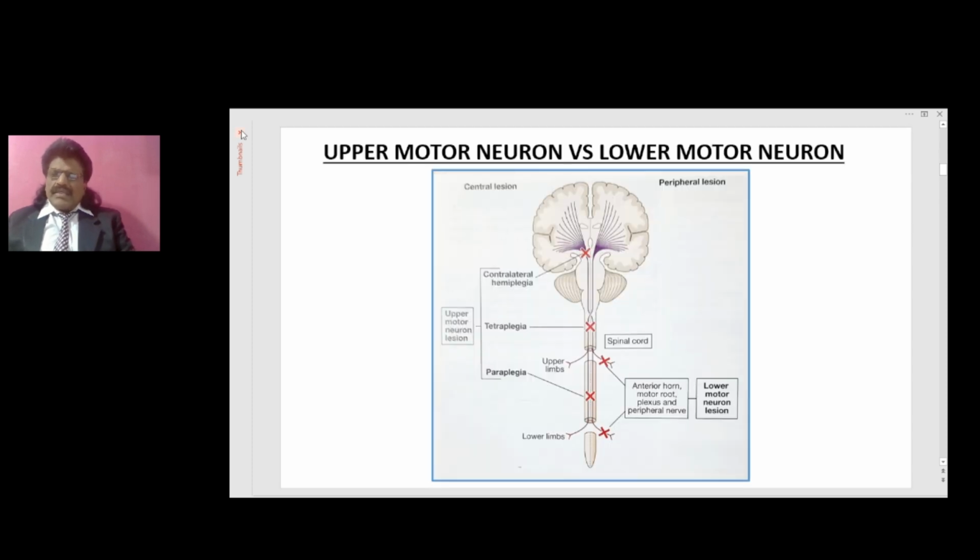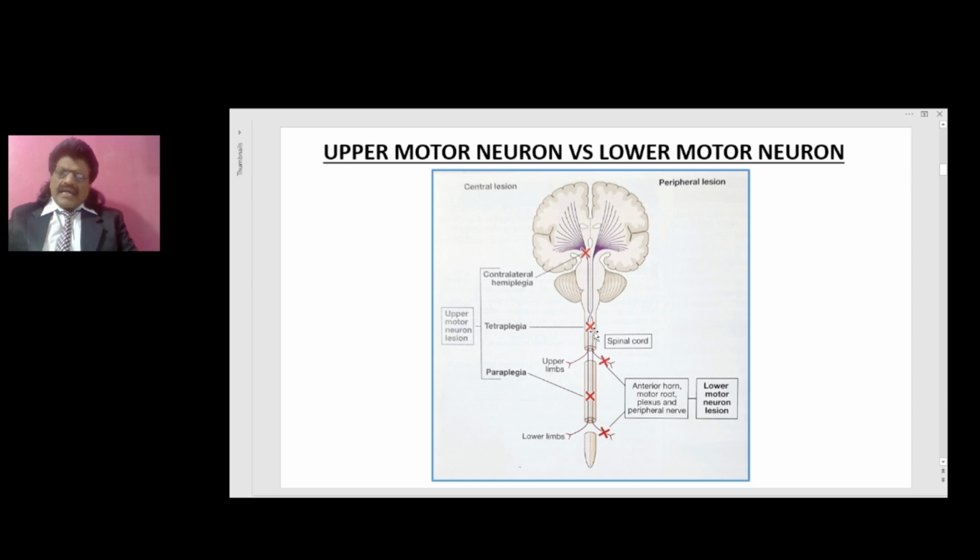So here we see both the upper motor neuron and lower motor neuron. What is upper motor neuron? You can see the corticospinal tract, the leg area, the face and the hand area. They all come together, close together in the internal capsule, and then they start descending. They descend like this and cross at the level of the medulla oblongata and go to the opposite side of the spinal cord.